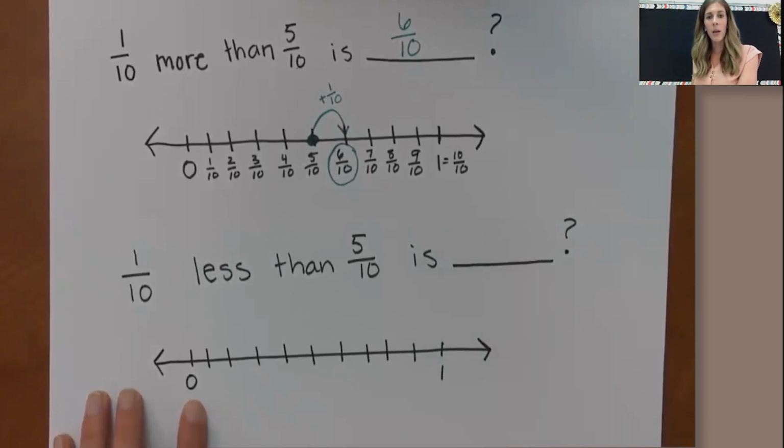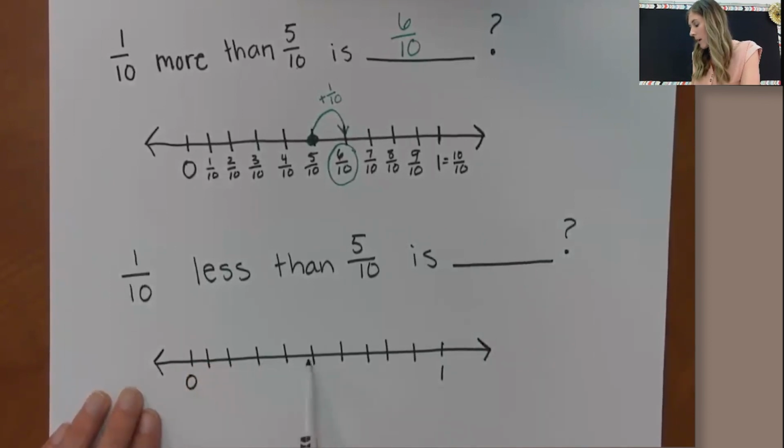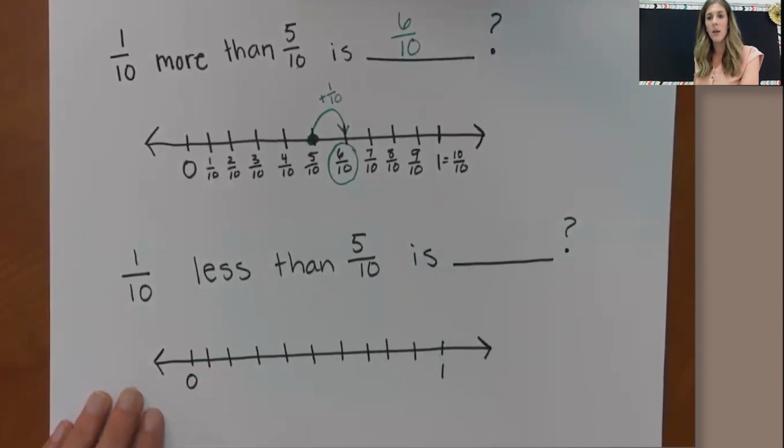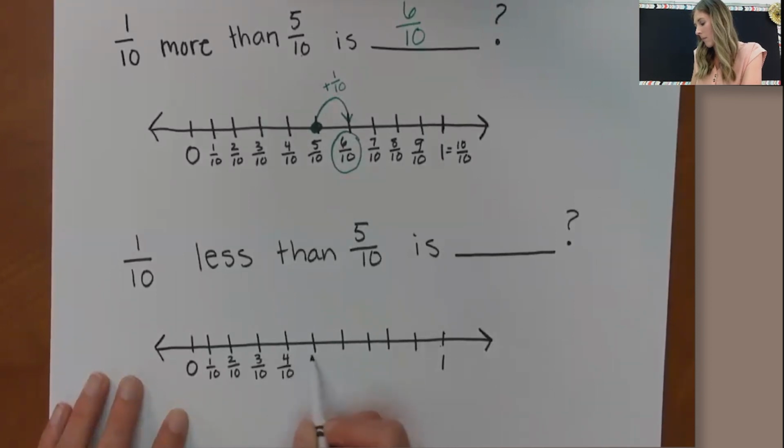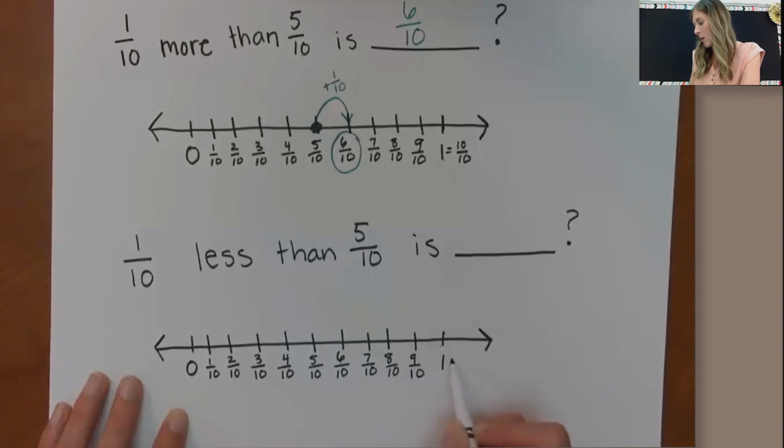Before I start labeling, I'm going to make sure that I do in fact have 10 equal pieces. 1, 2, 3, 4, 5, 6, 7, 8, 9, 10. So now I can go through and label my tick marks. One whole, or 10/10.